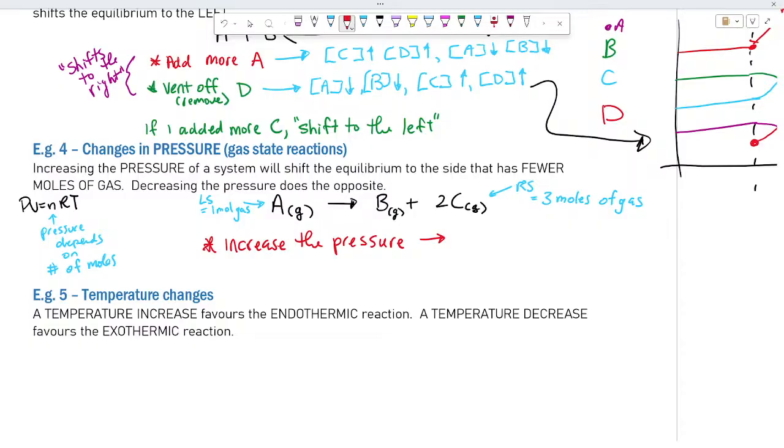In other words, in the net, I'm using up 2 moles of gas. Which one of those things is going to make the pressure go down? Producing more gas or using more gas? Using more gas. So to use more gas, this has to shift to the left. So if we increase the pressure, the reaction shifts, I should say the equilibrium shifts to the left.